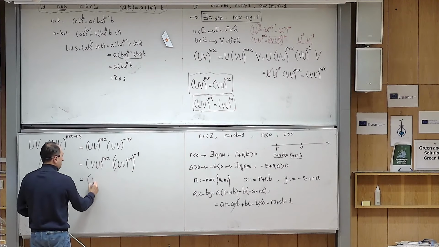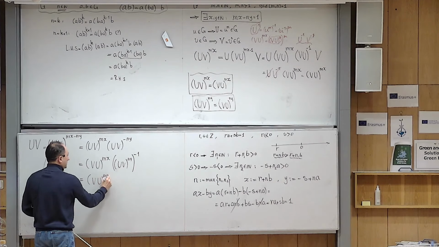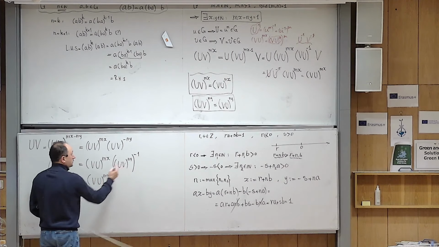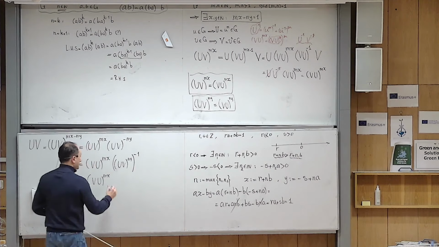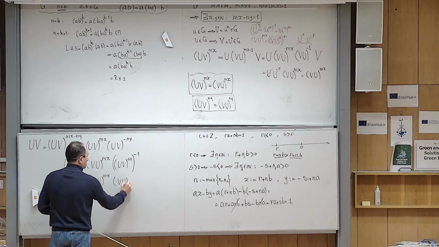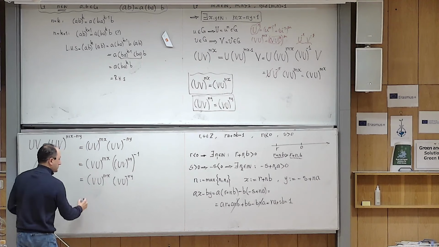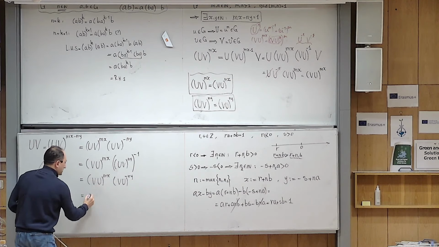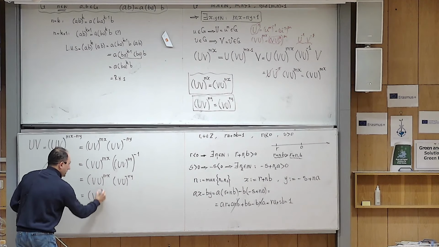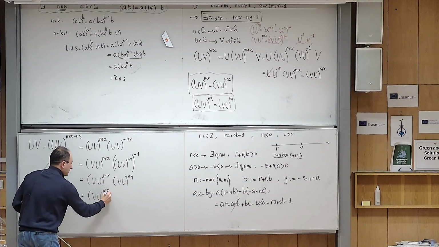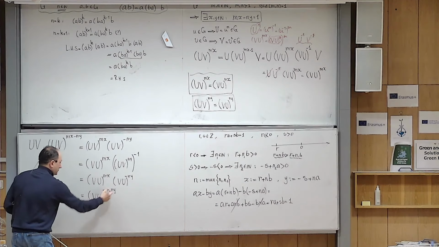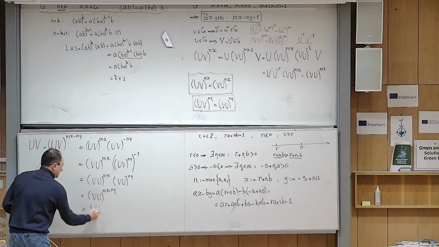Then it becomes (VU)^(mx). This one, I can replace using this formula, so this becomes ((VU)^(ny))^(-1), which becomes this. Then, because the bases are the same, I can write the same base and combine the exponents. But that is nothing except 1 again, so it becomes VU.